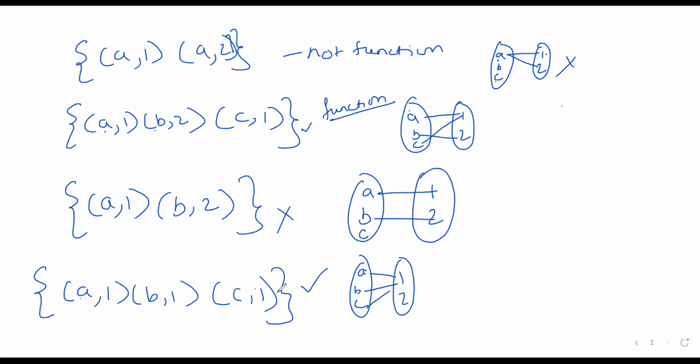One element has many pre-images. That is okay, an image having more than one pre-image is okay. But one pre-image cannot have more than one image. So one to many is not allowed here. Many to one is a function.